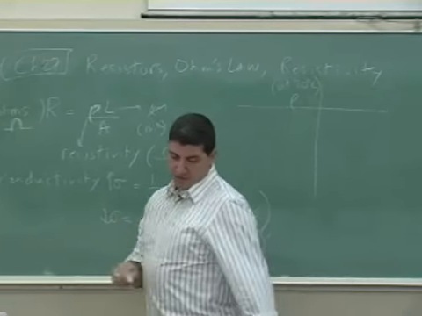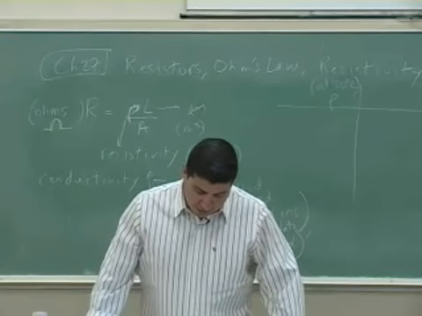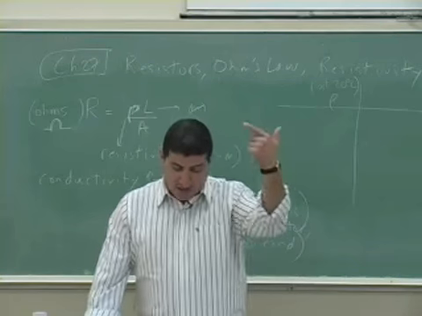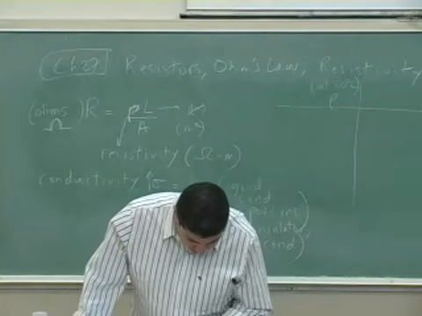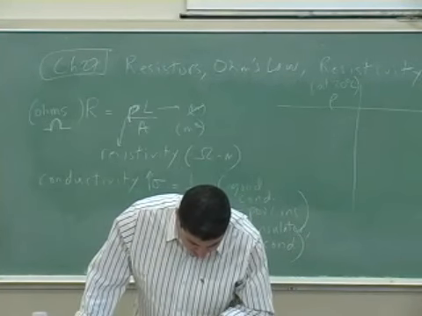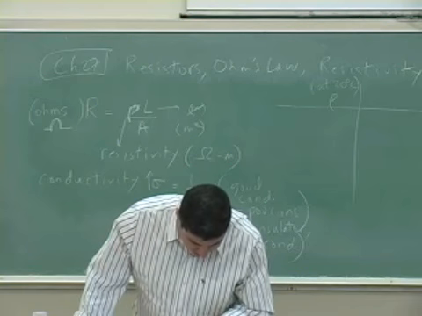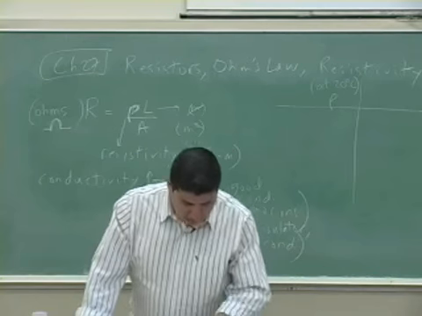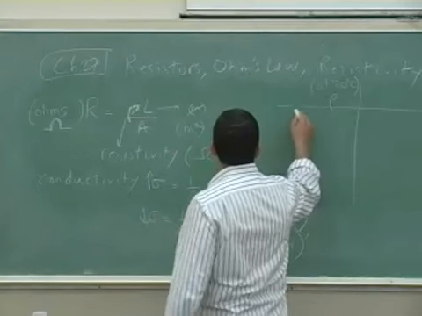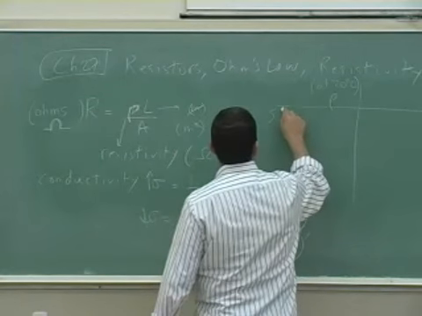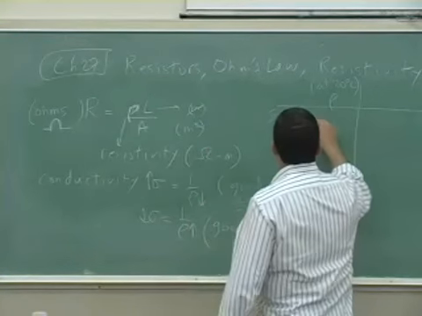Okay, so what are some of the materials? Well, they give you silver, copper, gold, aluminum, tungsten, iron, platinum, lead. So the first set of ones that they're giving you are like the metals. Out of the metals, the smallest resistivity is going to be silver, and it's going to be 1.59 times 10 to the negative 8.